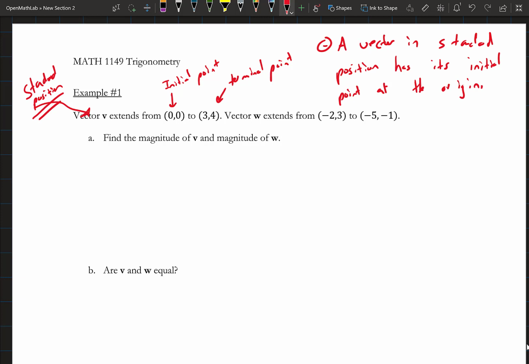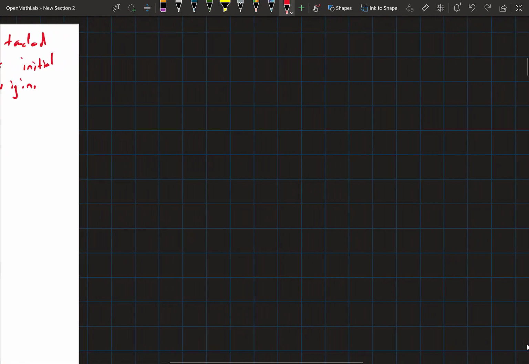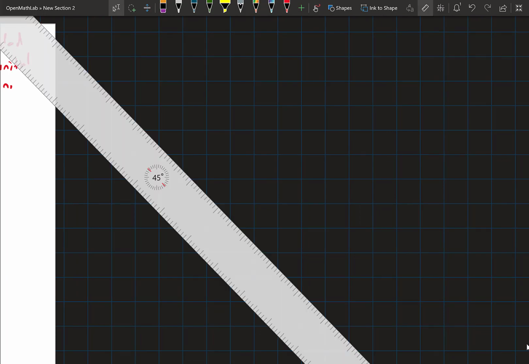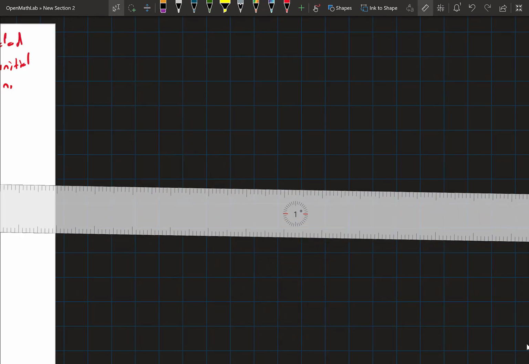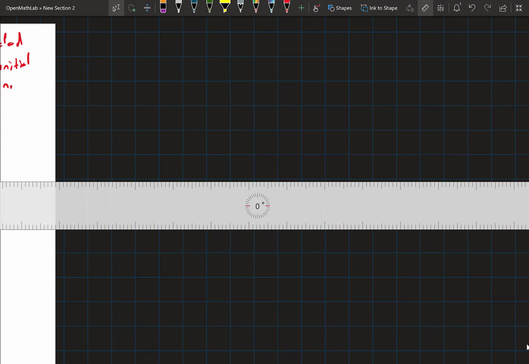So we want to find the magnitude of this vector. It's not really necessary, but just to help us visualize this, let me draw this for us.